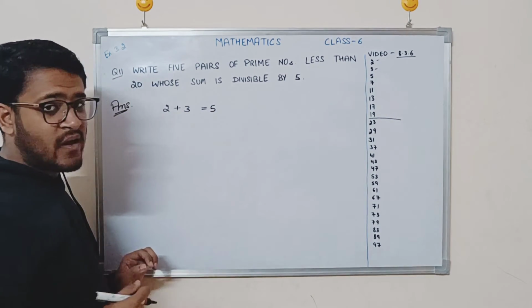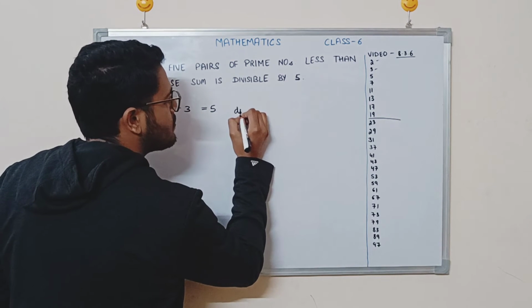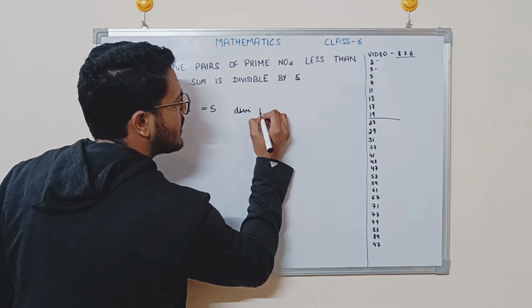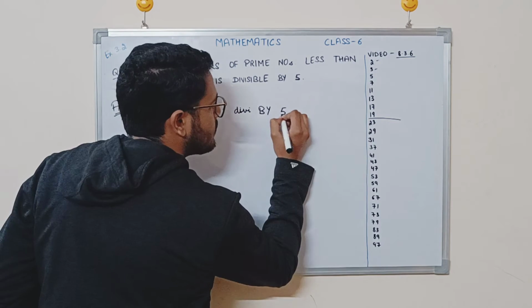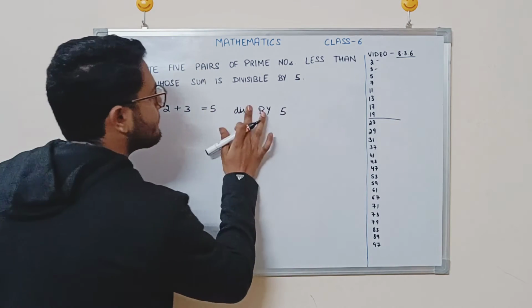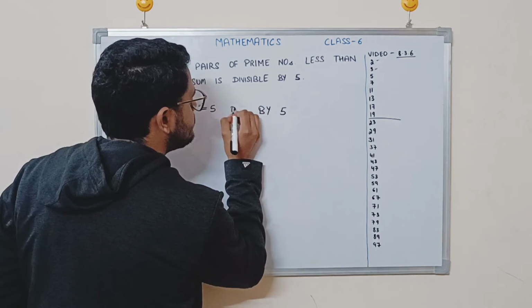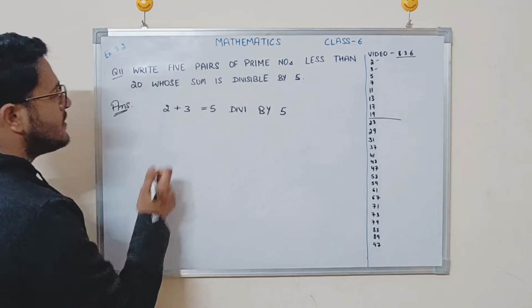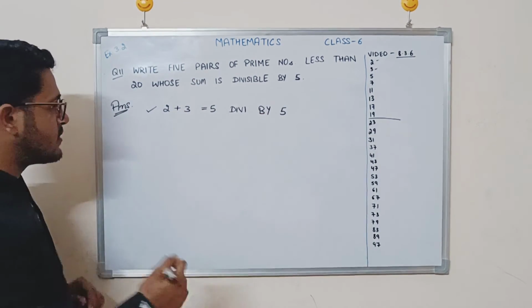And 5 is divisible by 5, obviously. So we are done with one pair.